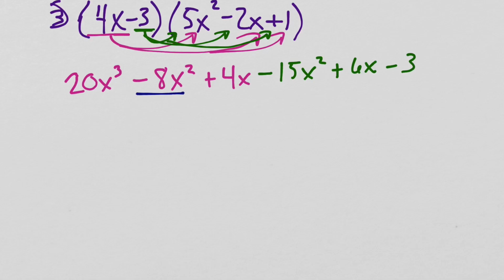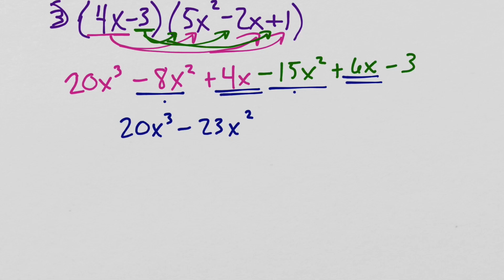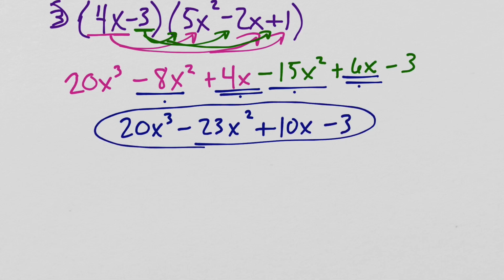And so we have a square and a square, we have an x and an x. So we'll combine those, but in the end the 20x to the third remains 20x to the third.